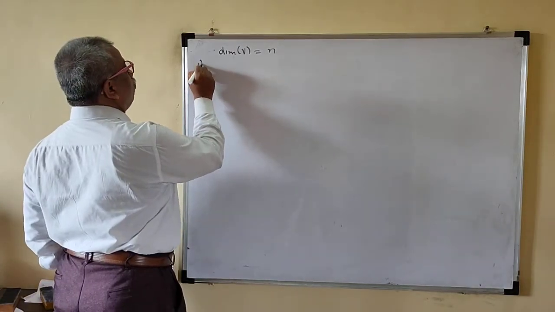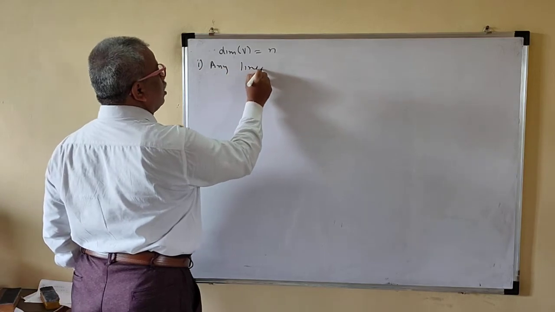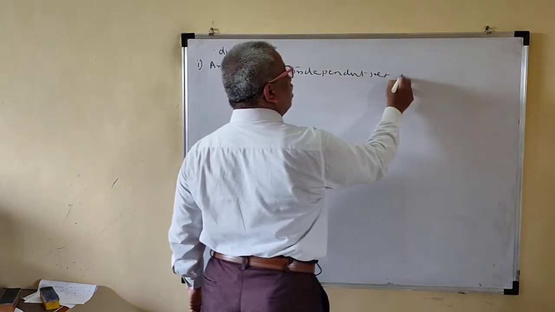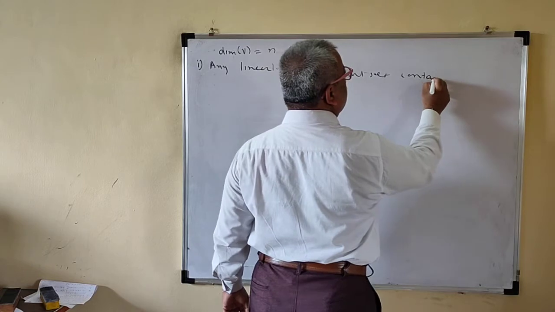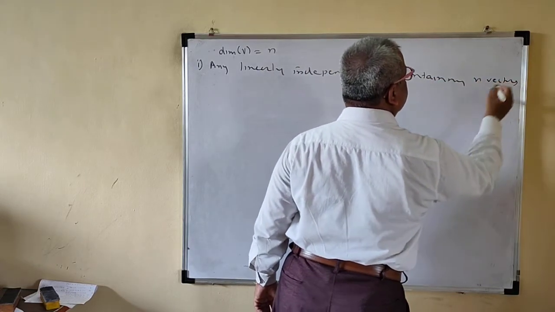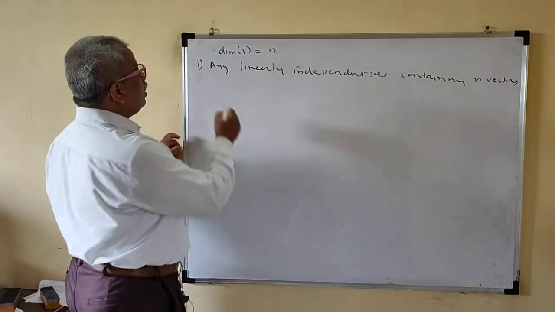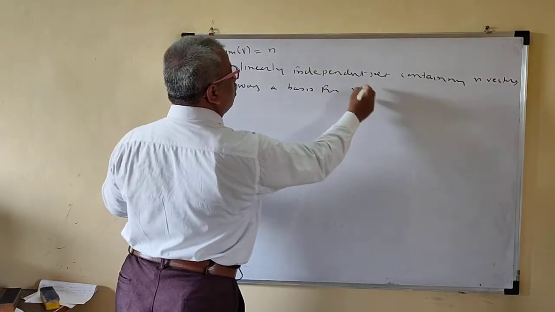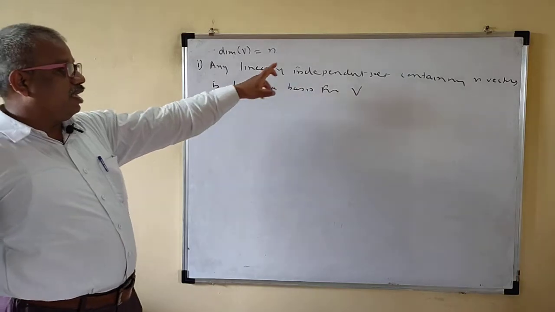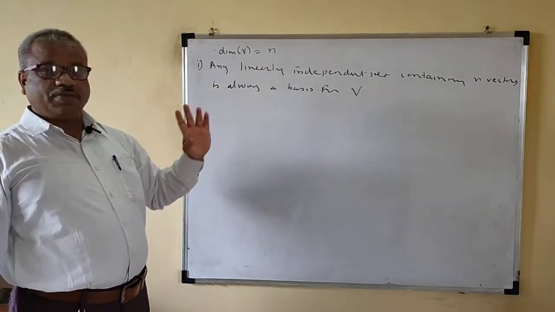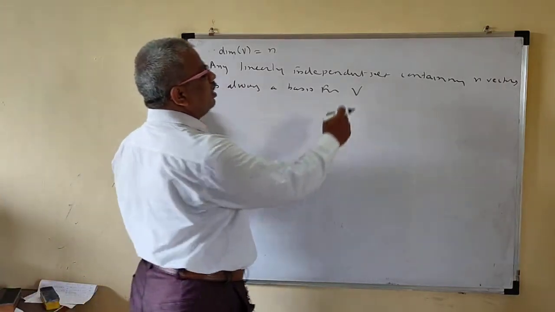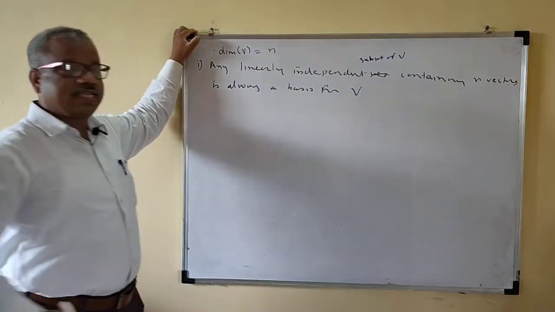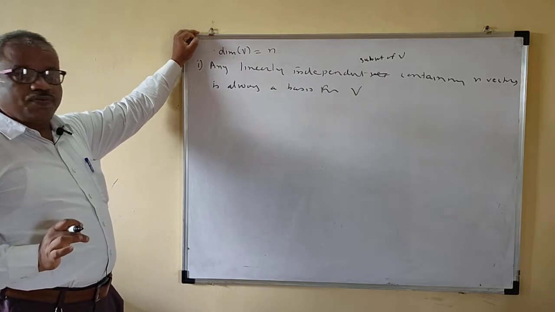Then the first point: any linearly independent set containing n vectors is always a basis for V. So a linearly independent subset of V containing n vectors is always a basis of V.